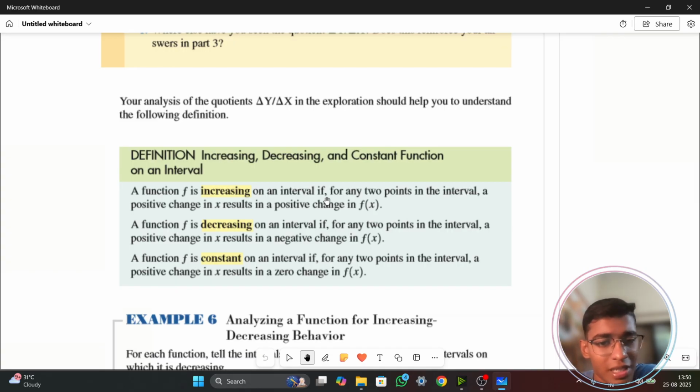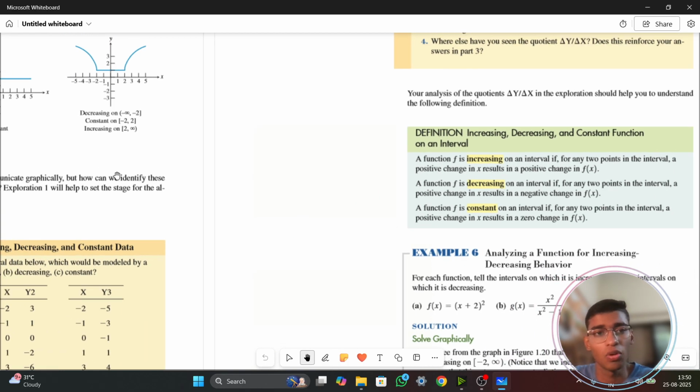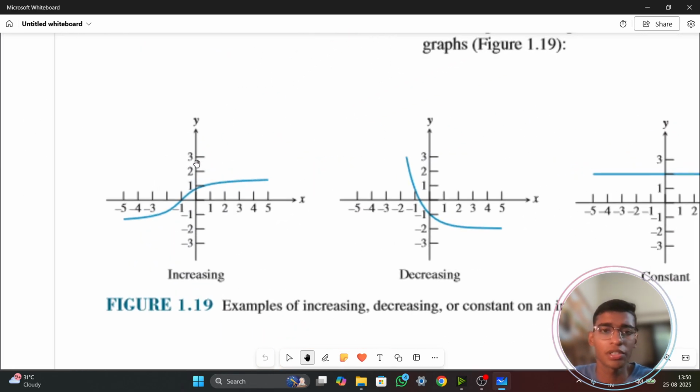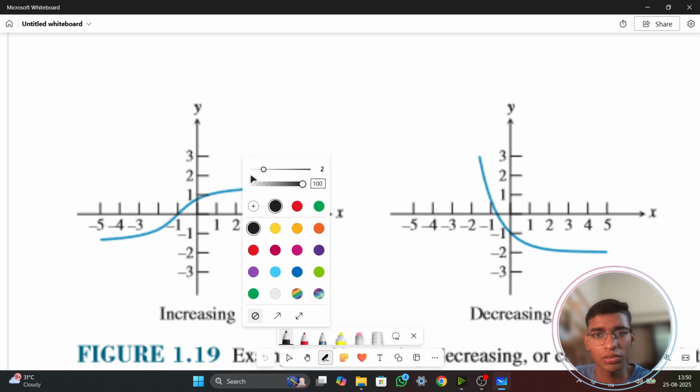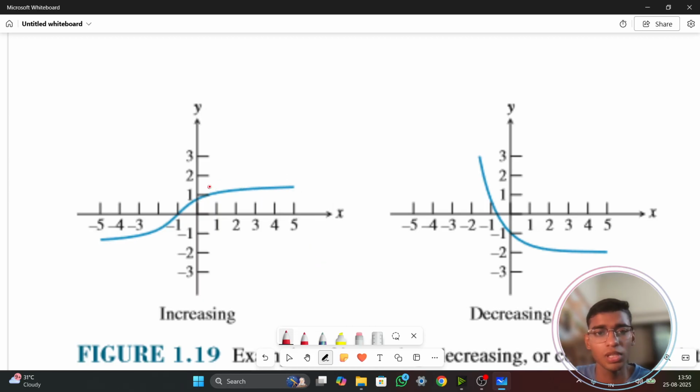Let us come to the graph and understand the whole thing. Now this function is actually increasing. It is increasing from this side to this side, in this pattern. This graph has a positive slope from this portion to this portion.